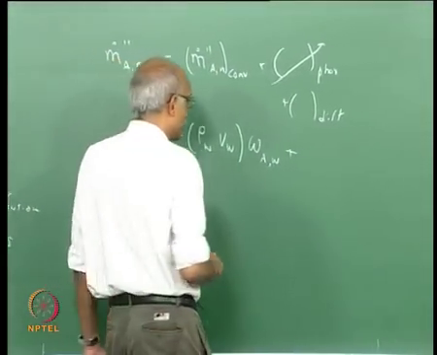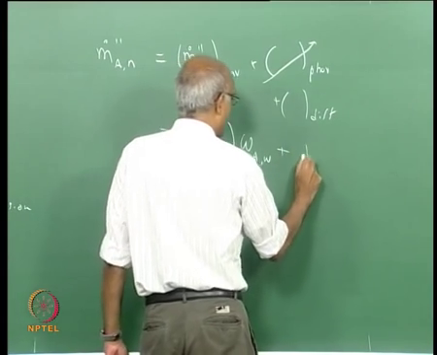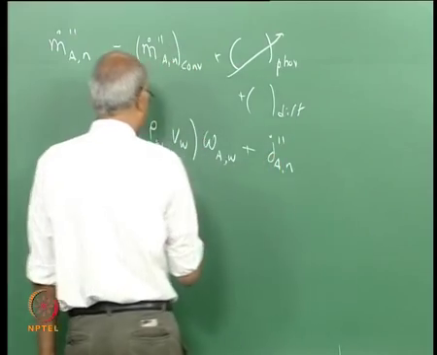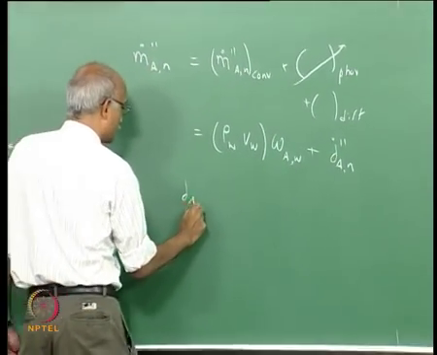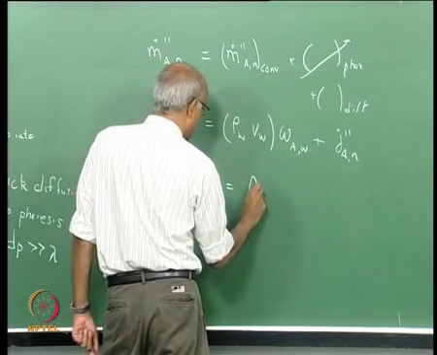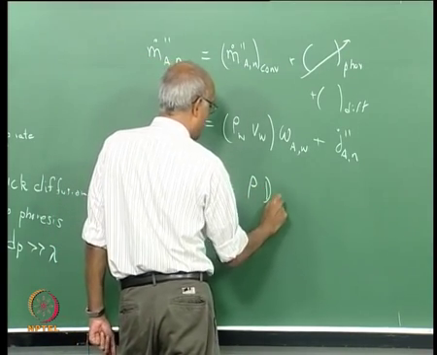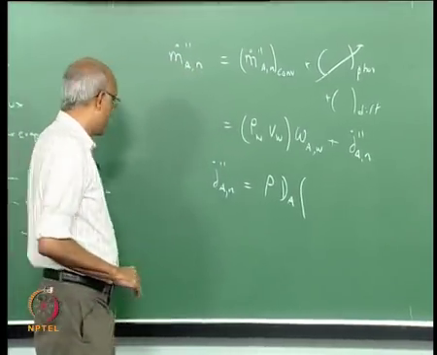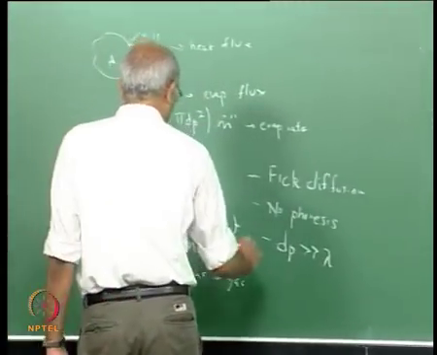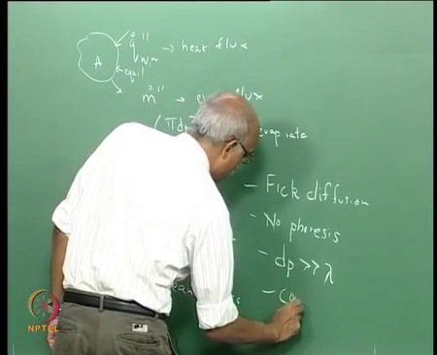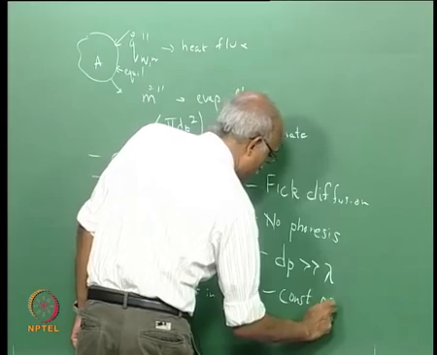Now, the diffusive portion is, let us write that as some J A N double prime, where this diffusive term will be equal to rho times D A times, let us make one more assumption that your thermophysical properties are constant across the diffusion path.